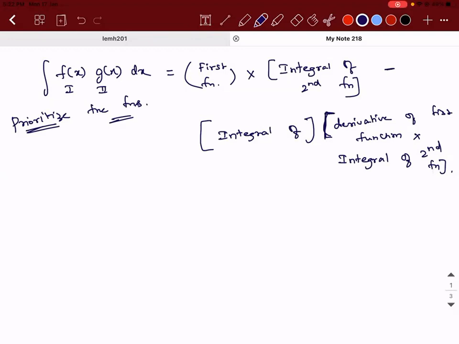Okay. Write down. As I mentioned, don't worry, write it down. So first function into integral of second function minus integral of derivative of first function into integral of second function. That is what we have written. See, what is first function? f of x into, we would have written integral of g of x dx minus integral of derivative of first function into integral of second function with respect to x.